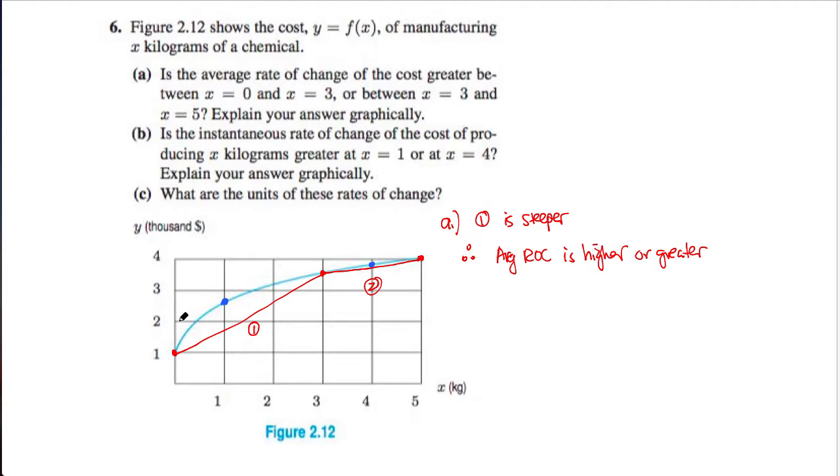So I will define the slope to be identical to the slope of the tangent line, if I were to sketch a tangent line at those 2 points. And I would see something very similar to what we saw in A. The slope is much greater for the tangent line at x equals 1 than at x equals 4.